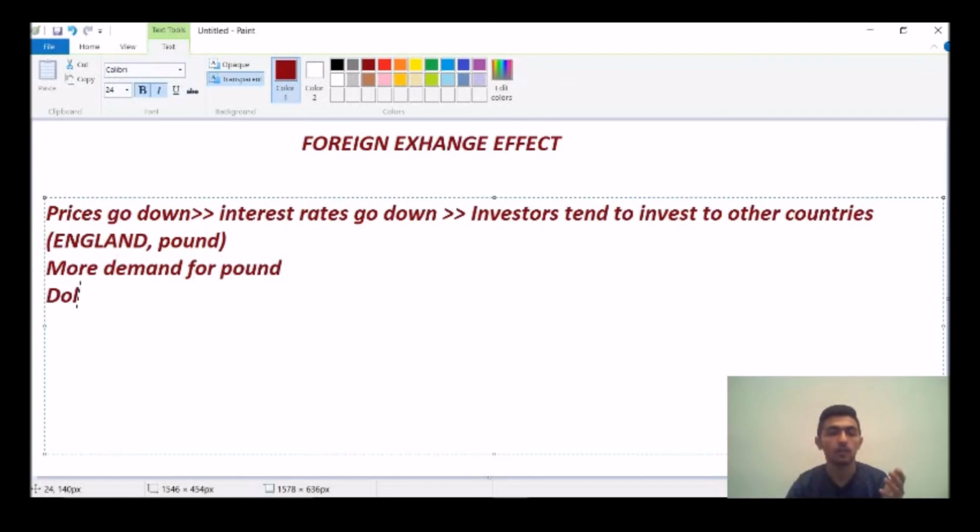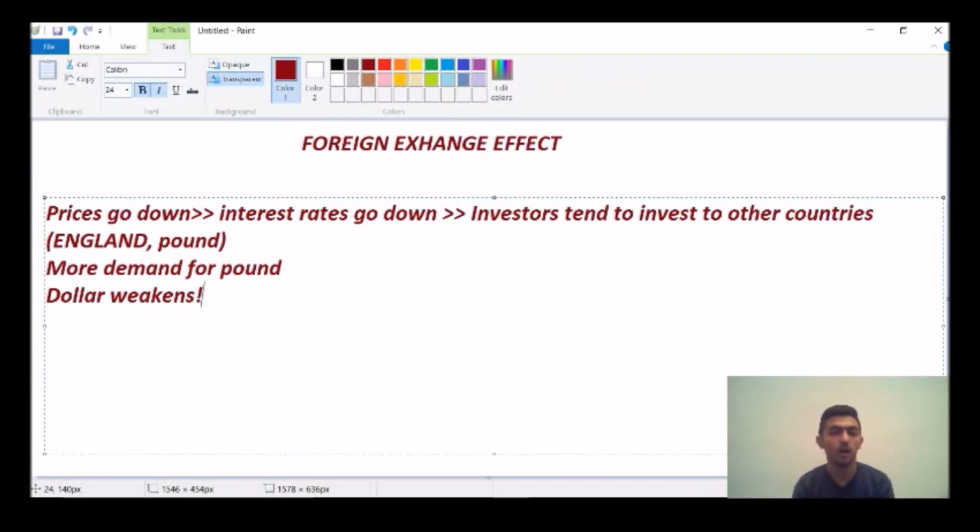Essentially, the dollar will weaken relative to other currencies. If the dollar weakens relative to other currencies, this is a little confusing, then American goods and services are going to appear to be cheaper to people in England.